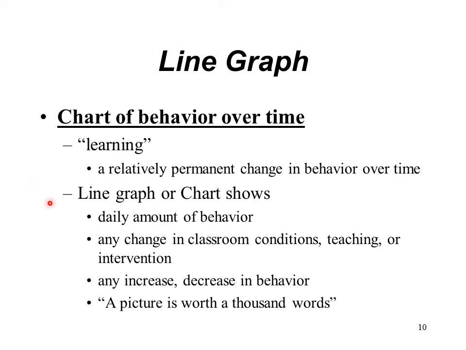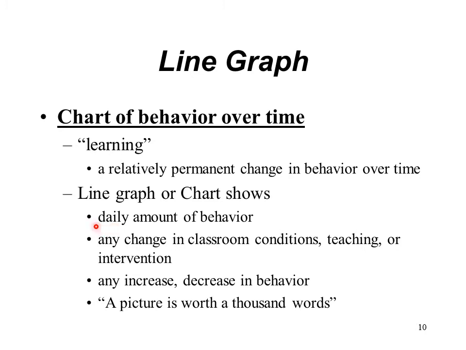Line graphs show a number of different things. Usually they show us the daily amount of behavior. The amount or the number on the graph is going to be determined by the way we measure the behavior. If we were talking about something like duration, then our graph is going to show amount of time or percentage of time.